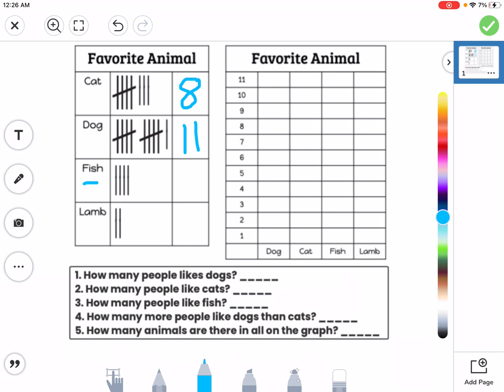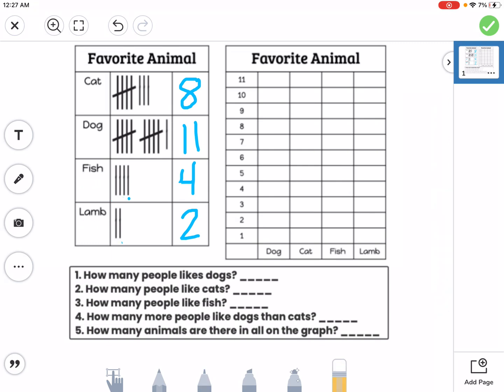We don't have 5, so we have to count the tallies. We have 1, 2, 3, 4. 4 people, their favorite animal was fish. And now let's look at lamb. 1, 2. 2 people, their favorite animal was a lamb.